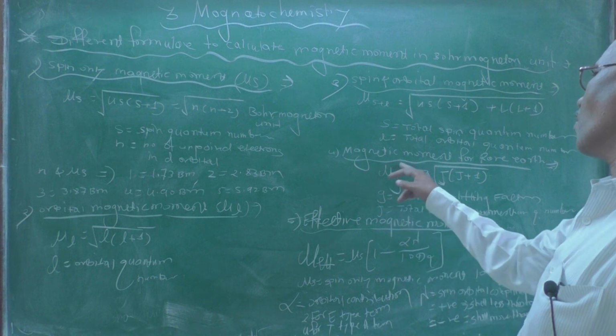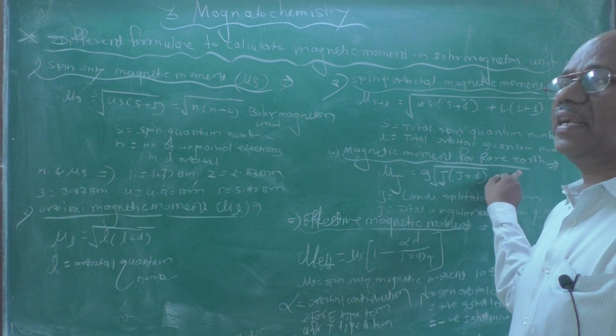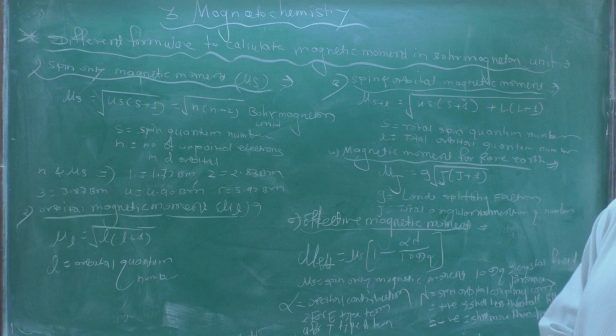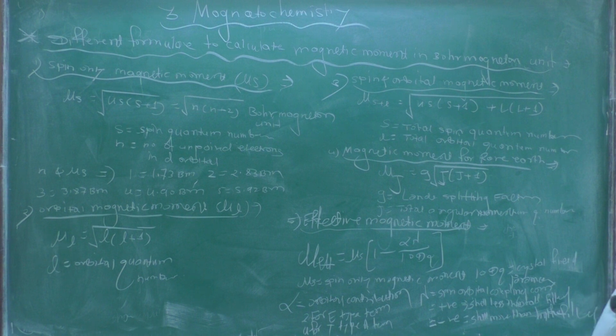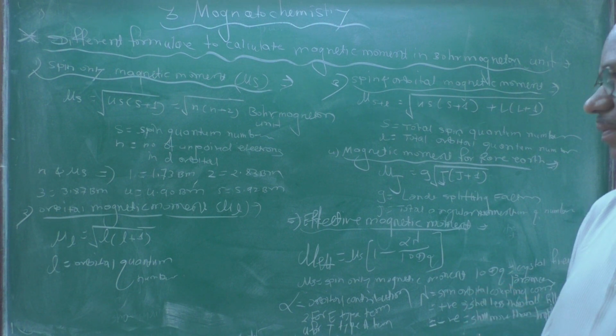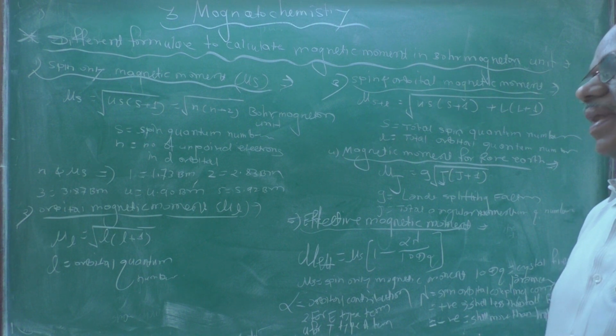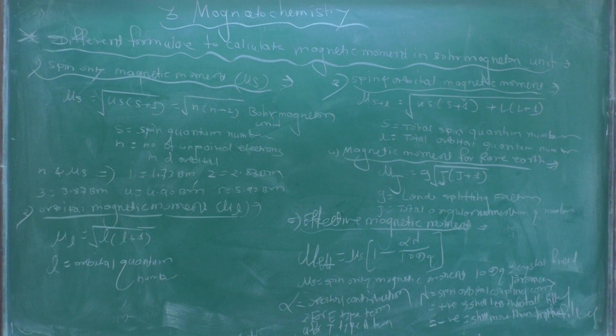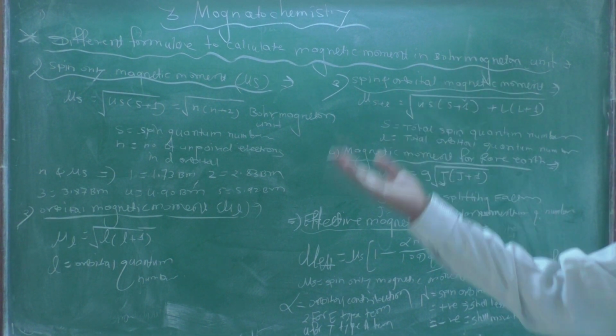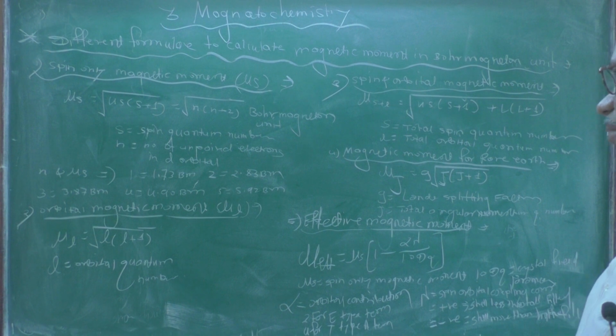Therefore, magnetic moment for rare earths, that is lanthanides and actinides, can be calculated by using equation μJ is equal to g into square root of J into J plus 1, where g is Landé splitting factor and J is total angular momentum quantum number. J can be calculated from mod of L plus S to mod of L minus S. With the help of this we can find out the total angular momentum quantum number.